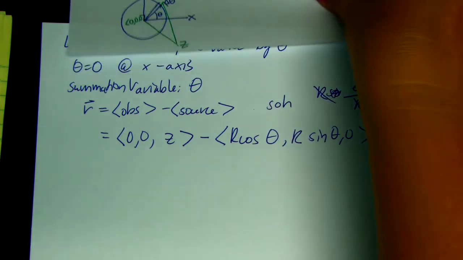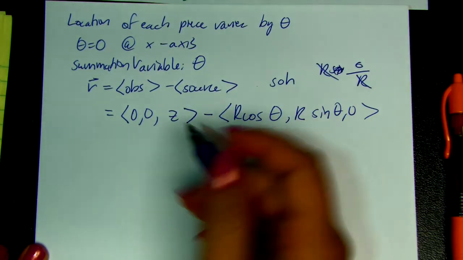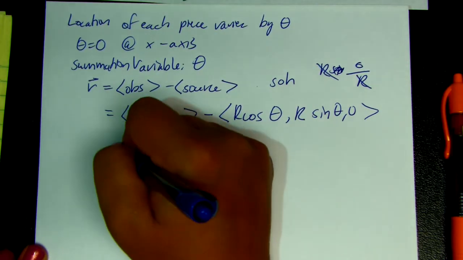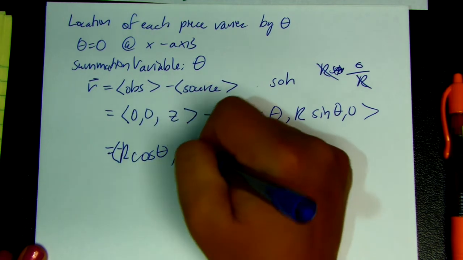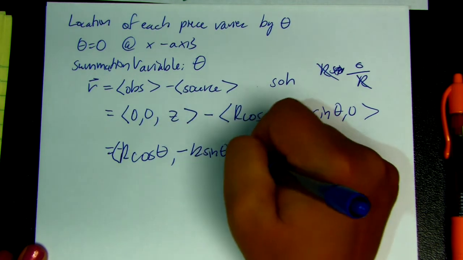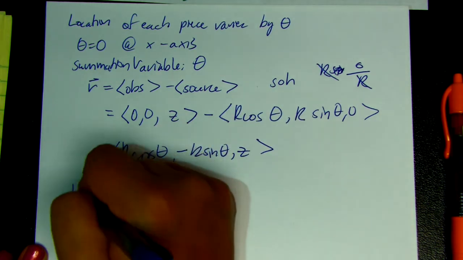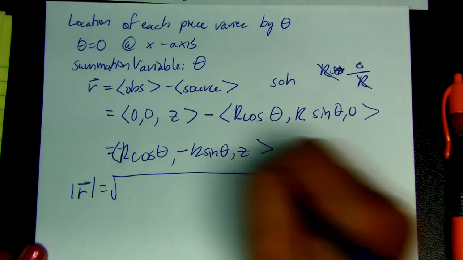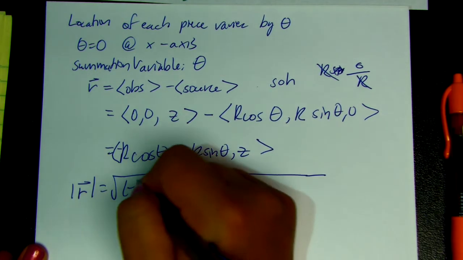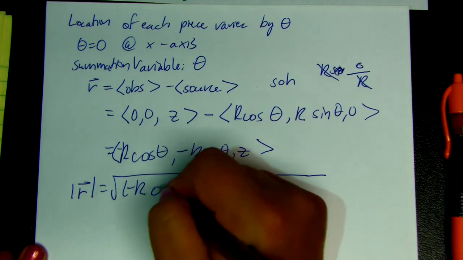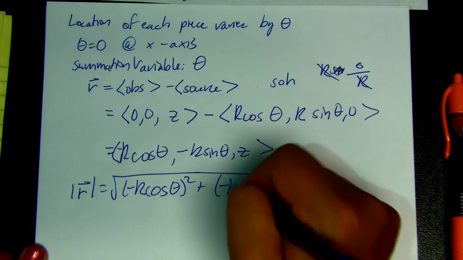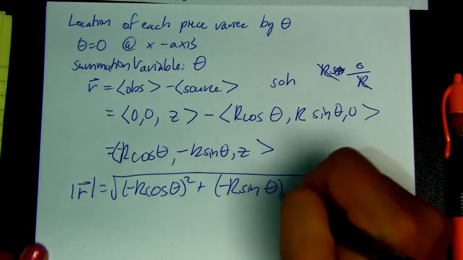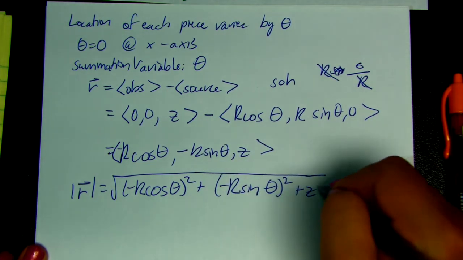Okay. So this is equal to minus r cosine theta, minus r sine theta, z. The magnitude of r is equal to the square root of minus r cosine theta squared plus minus r sine theta squared plus z squared.